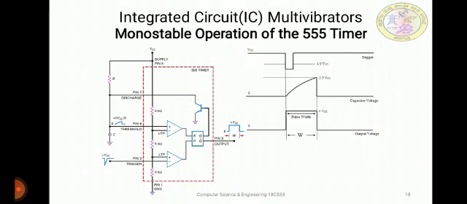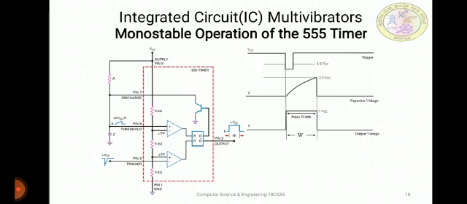At this point, the comparator output goes high and resets the flip-flop back to its original state, which in turn turns on the transistor and discharges the capacitor to ground through pin 7.